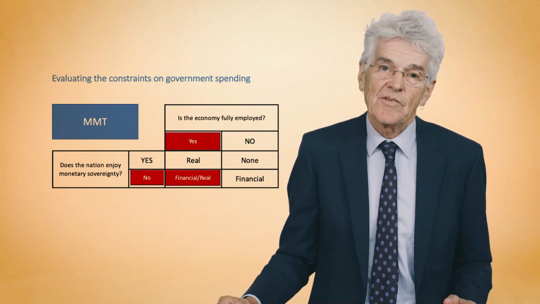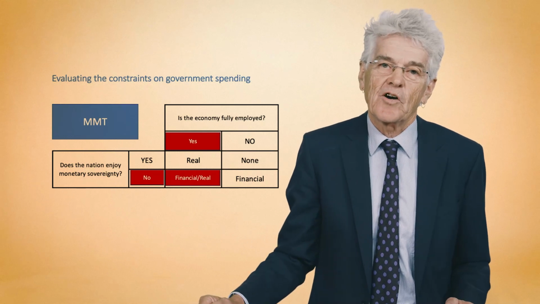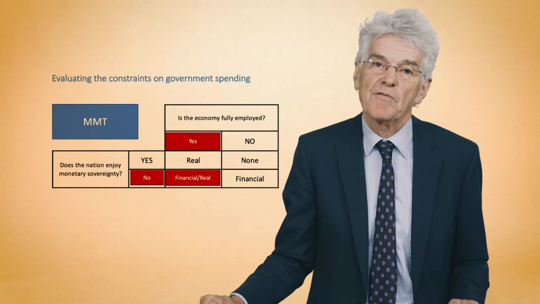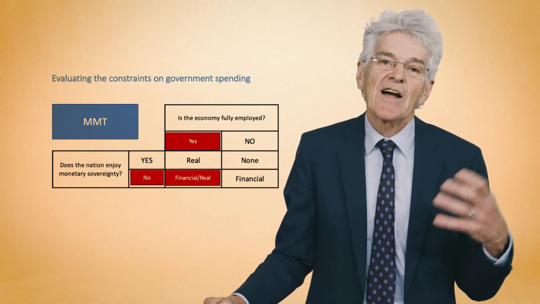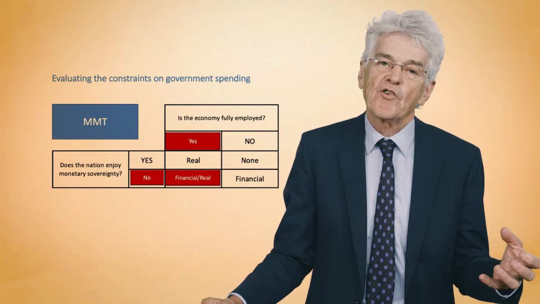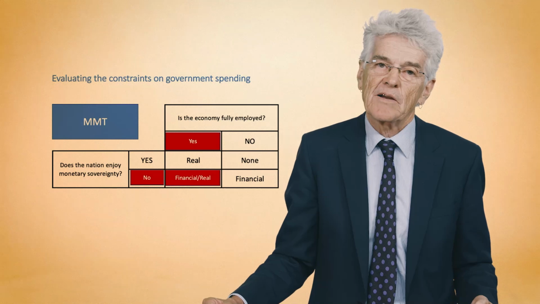In that case, a government that encounters a fully employed economy has both a real resource constraint, as I explained before, and a financial constraint, because it can't spend unless it can get tax revenue, and if it wants to spend more than tax revenue, it has to borrow from bond markets.